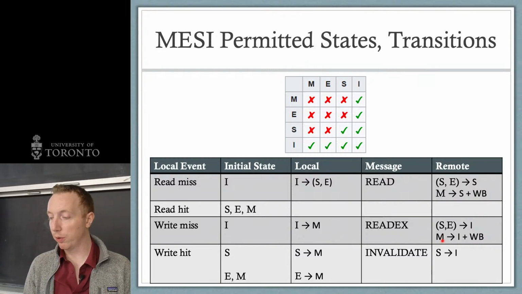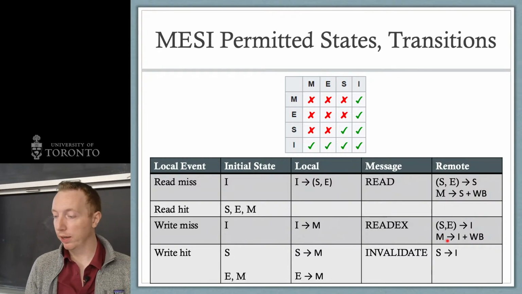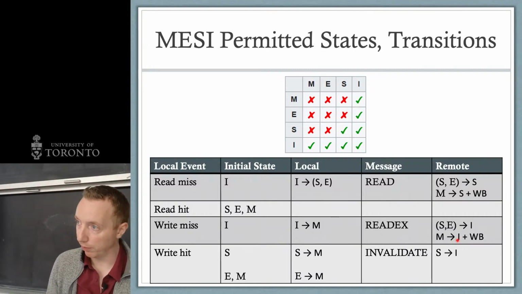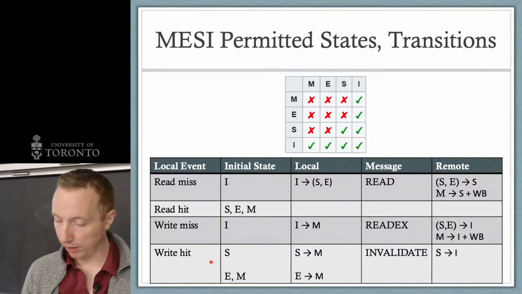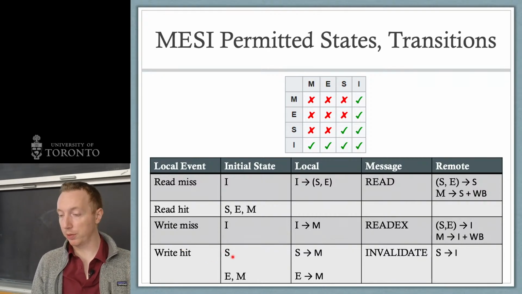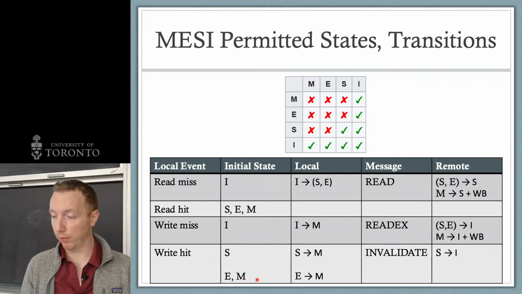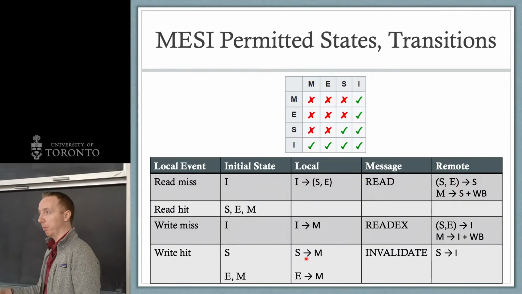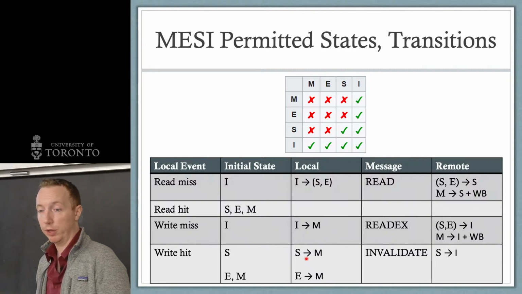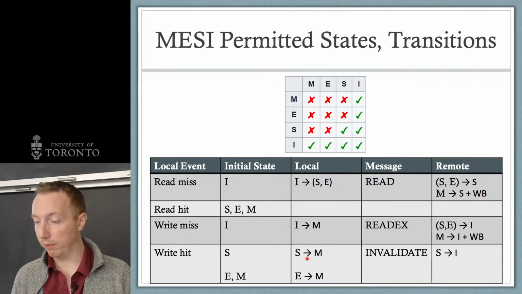But if another core had it modified, then it would invalidate it plus force that core to actually write that value back to memory. If there was a write hit, so your core had it in the shared, exclusive, or modified state, then if it was in shared state, it would go to modified, so you are the only one now with the most up-to-date value of it.